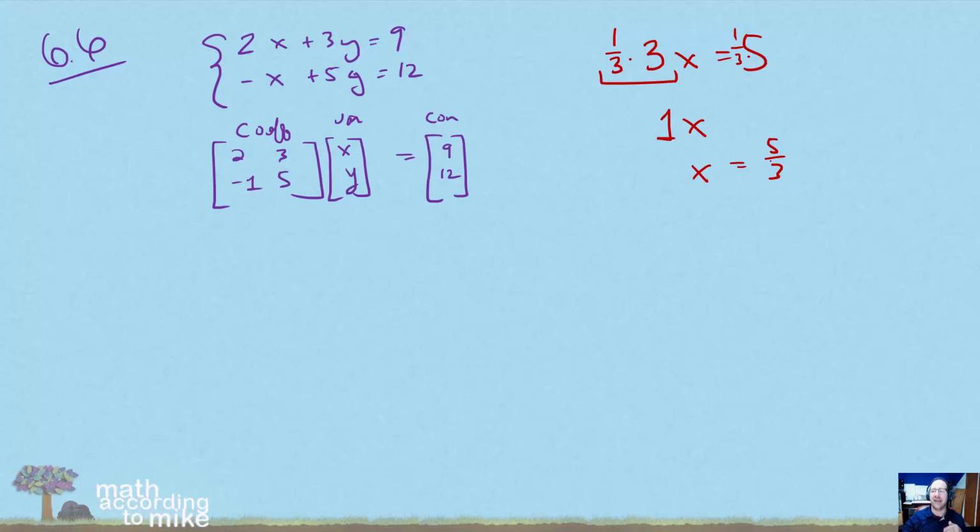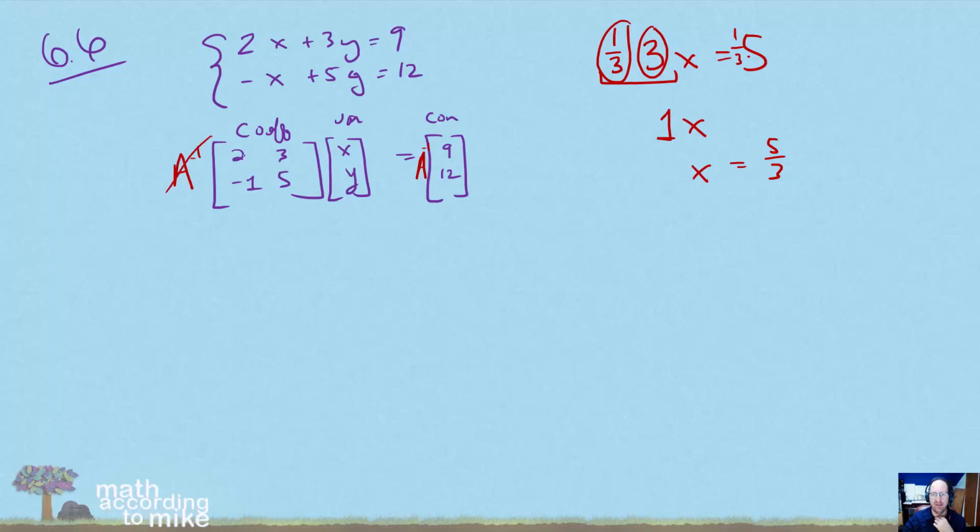All right, so same deal here. You would take the inverse of the coefficient matrix. Let's just call that A inverse. And you would multiply both sides by A inverse.